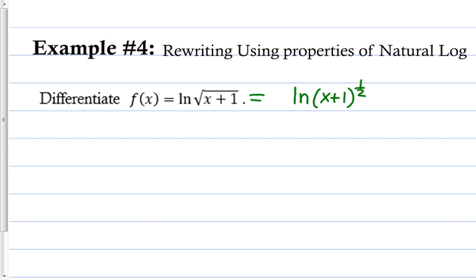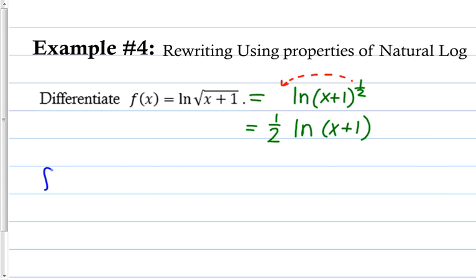Now the properties of natural log let me grab that exponent and bring it to the front, and I'm going to end up multiplying. So I now have 1/2 the natural log of x plus 1. No exponent anymore, because the exponent became a number. So that is the equation that I'm now going to derive.